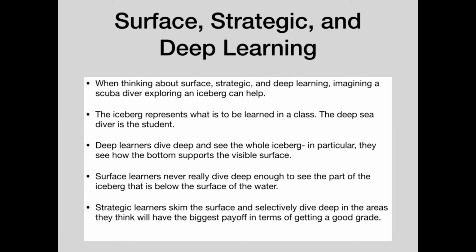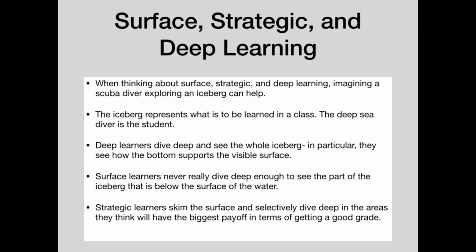When thinking about surface, strategic, and deep learning, imagining a deep sea diver exploring an iceberg can help. You can think of what is to be learned in a class as the iceberg. Surface learners never really dive deep enough to see the part of the iceberg that is below the surface of the water. And so they can't really see, like deep learners, how what they have learned comes together or what it is that supports that knowledge.